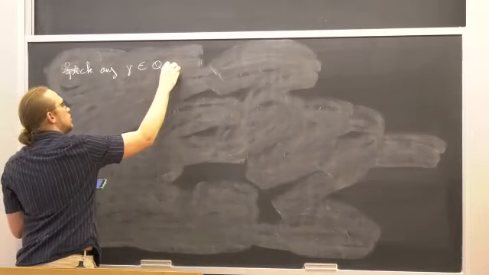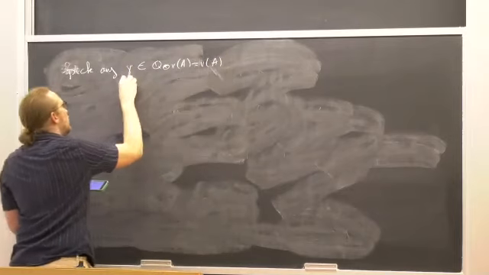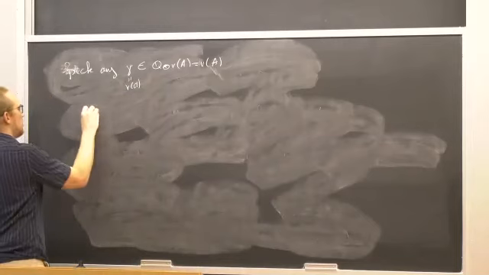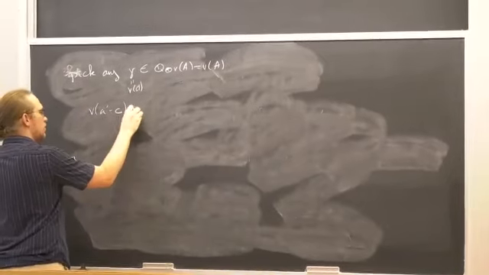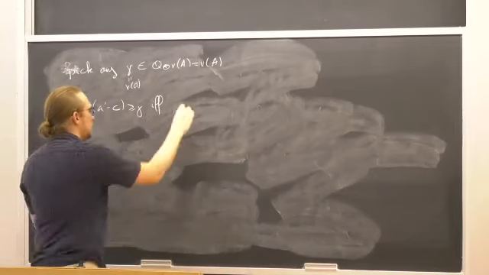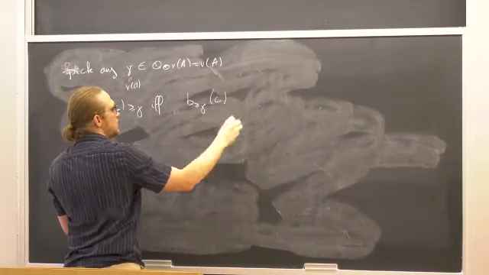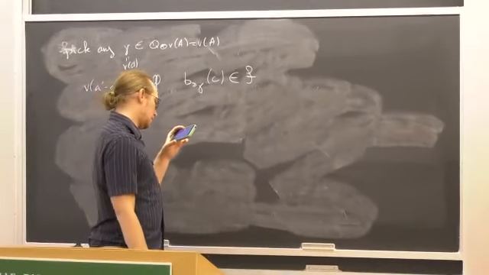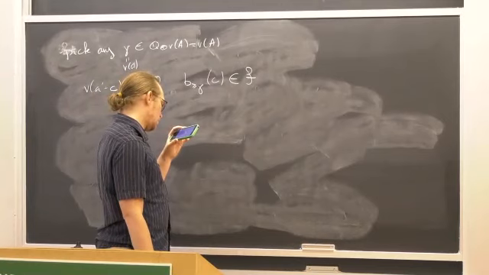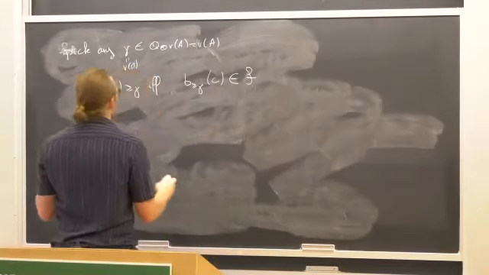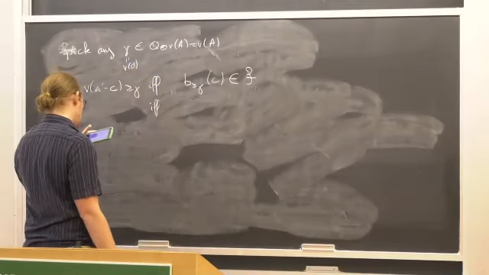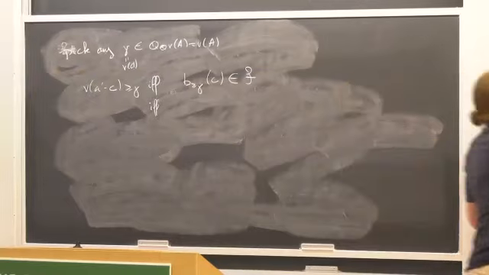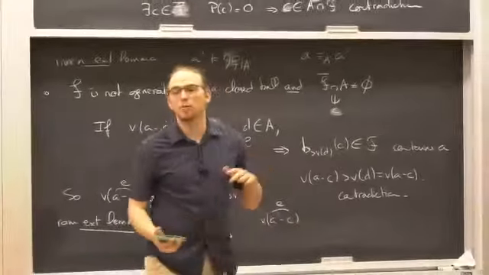Pick any gamma in Q tensor V of A equals V of A. So gamma is equal to some V of D. V of A prime minus C is greater or equal to gamma if and only if the closed ball containing gamma centered at C is in F, which is equivalent, by the exact thing we did over there, to the open ball. So if we have a closed ball, then we also have the open ball.